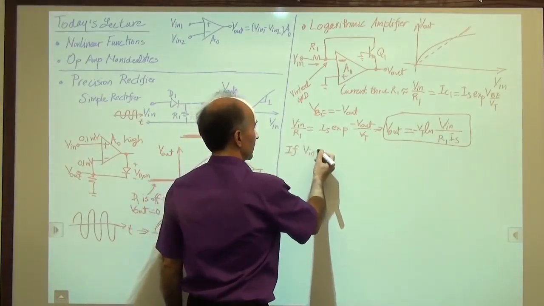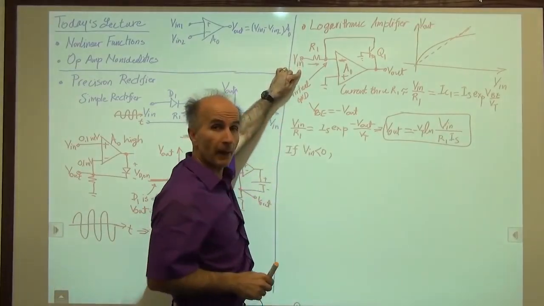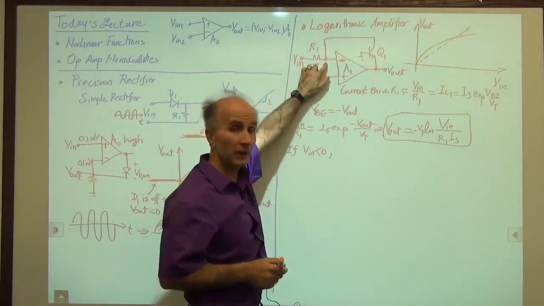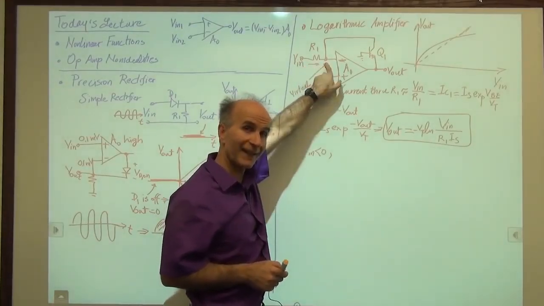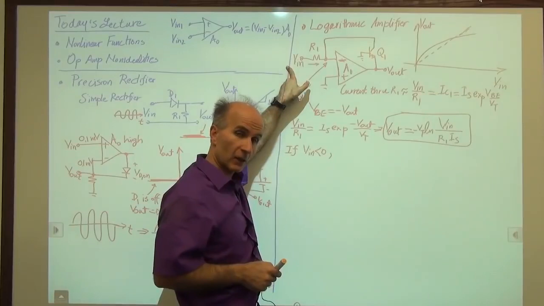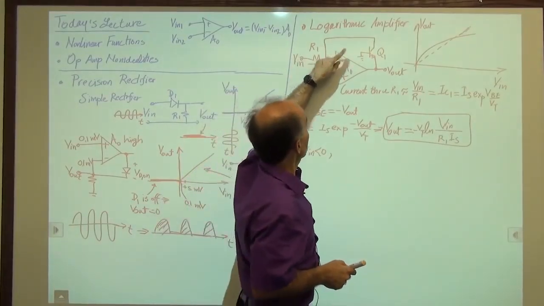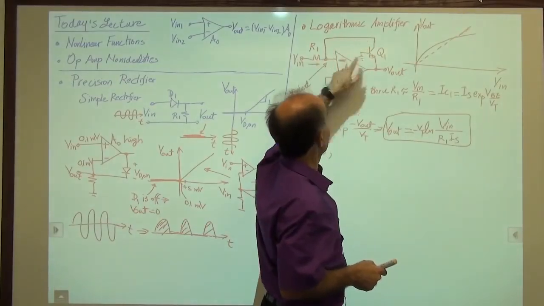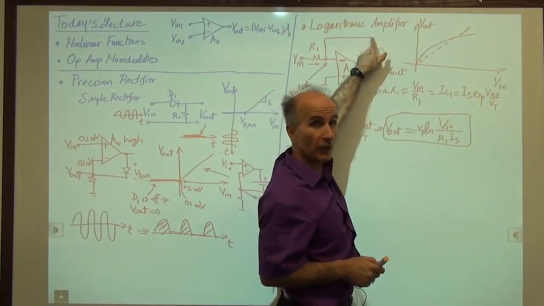So if Vin is negative, what happens? All right, so let's say that we still have a virtual ground here. Then a current begins to flow through R1 in this direction, because this side is lower than this side. All right, that current has to come this way through the transistor. But an NPN bipolar transistor is not capable of giving a current in this direction.